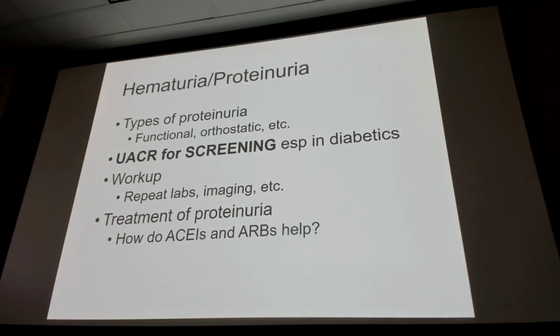And in regards to how ACE inhibitors and angiotensin receptor blockers affect proteinuria, I'd review that. If you don't know the underlying mechanism of action for how ACEs and ARBs protect renal function, specifically in terms of how do they reduce proteinuria, review that.